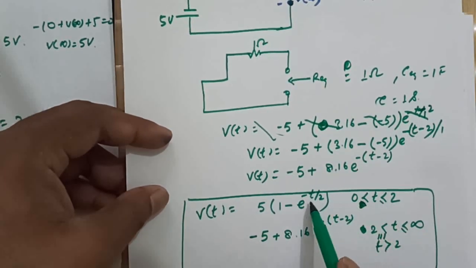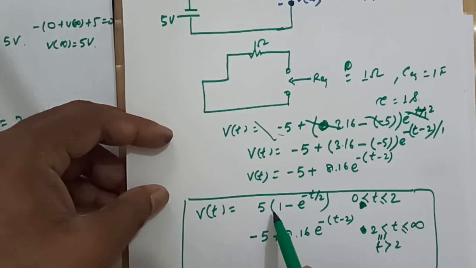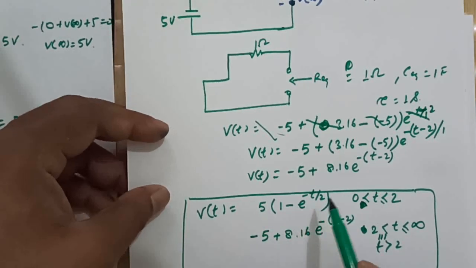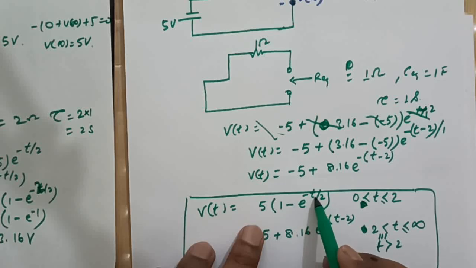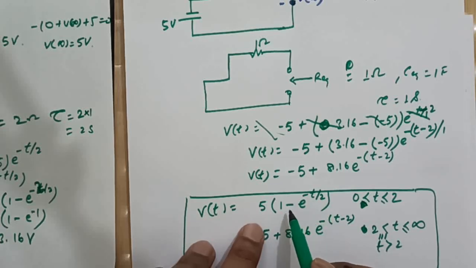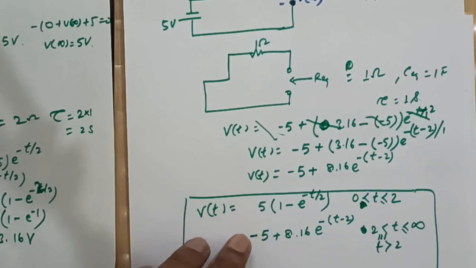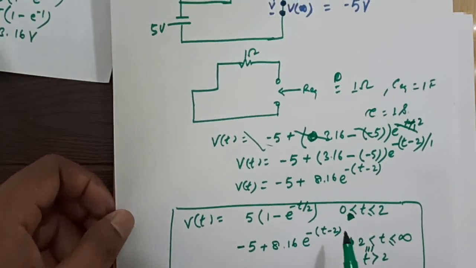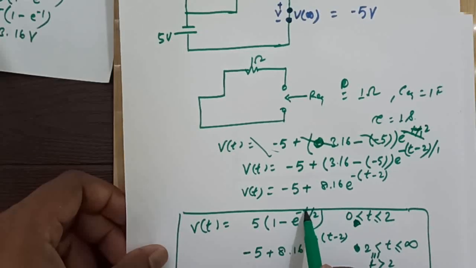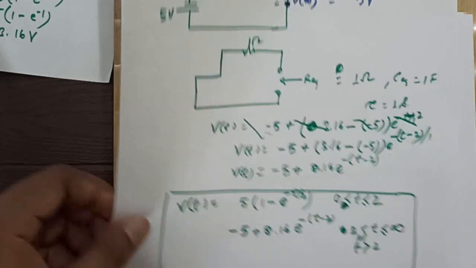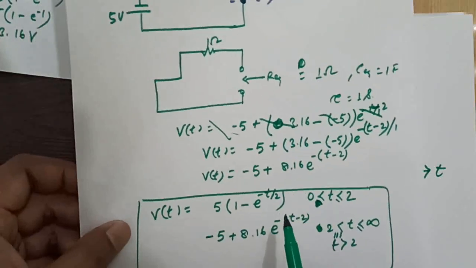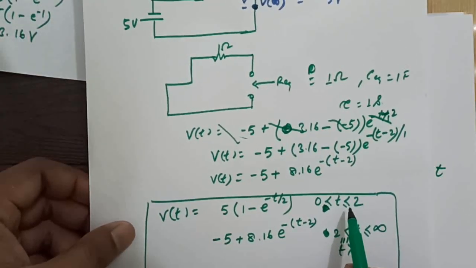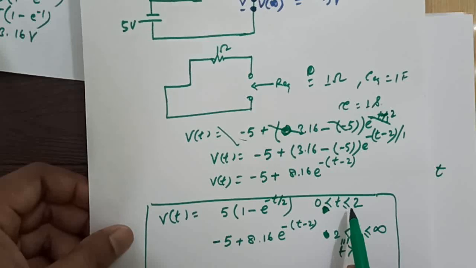Means at time t equal to 0, what will be the voltage? If I put 0 here, our voltage will be 0, because this will become 1 minus 1, 0. So the graph will start here, and go up to time t equal to 2 seconds, right?